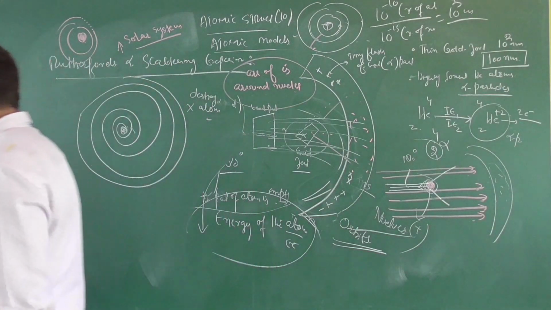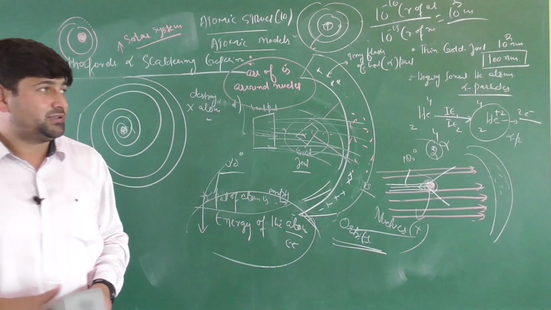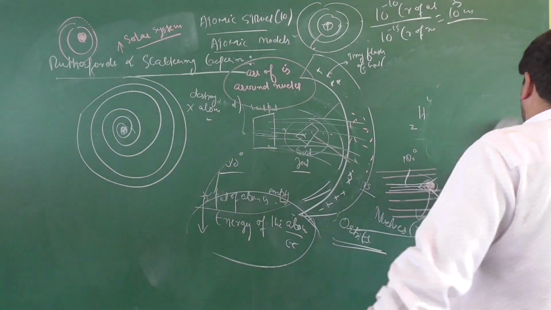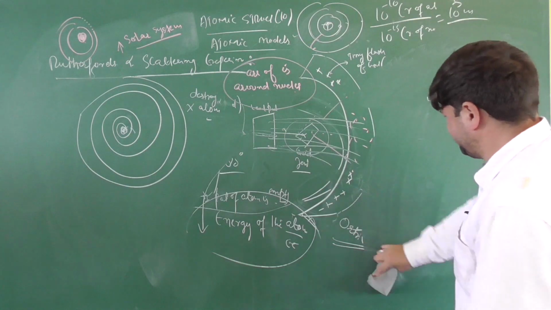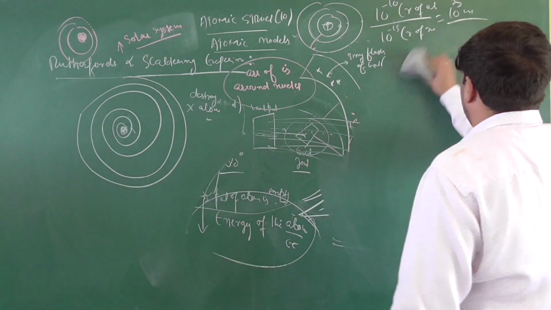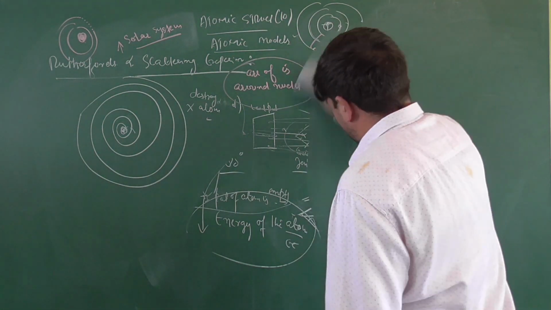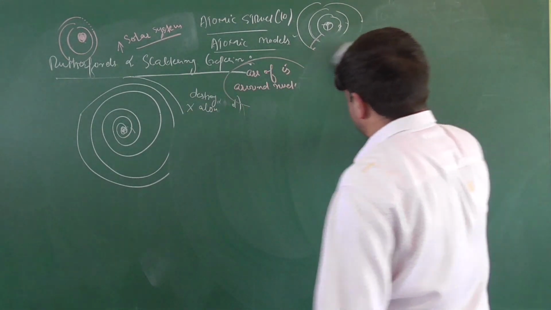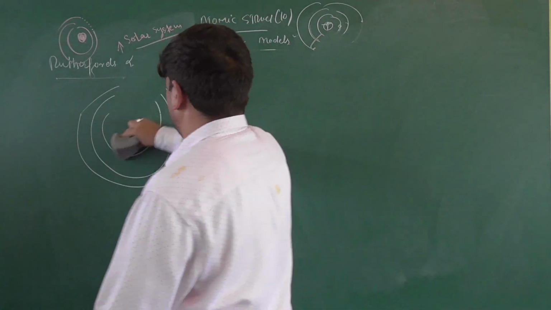Right. So be cautious now, because in your competitive exams, most of the time the questions on the mathematical part of atomic structure are asked from Bohr's model only. We will take some time for understanding Bohr's model of an atom.